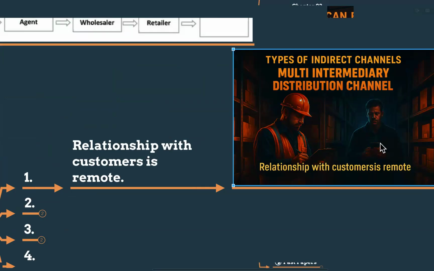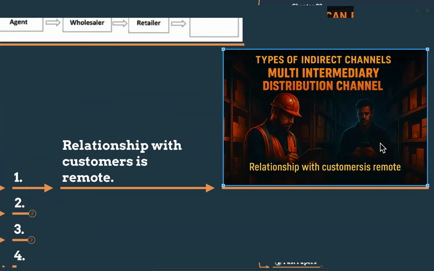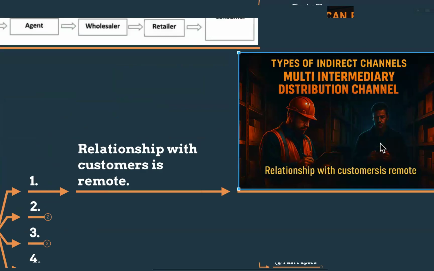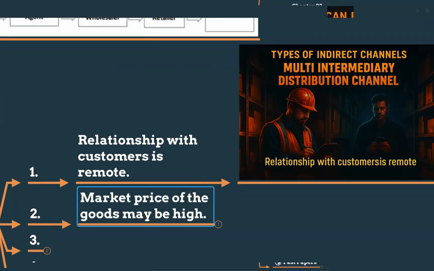The manufacturer is very far from the consumers, with many layers between them: agents, wholesalers, retailers. My dears, take Unilever products, like the baby soap and so many things we use. Unilever doesn't know who uses their soap, right? So the relationship with the customer is remote.